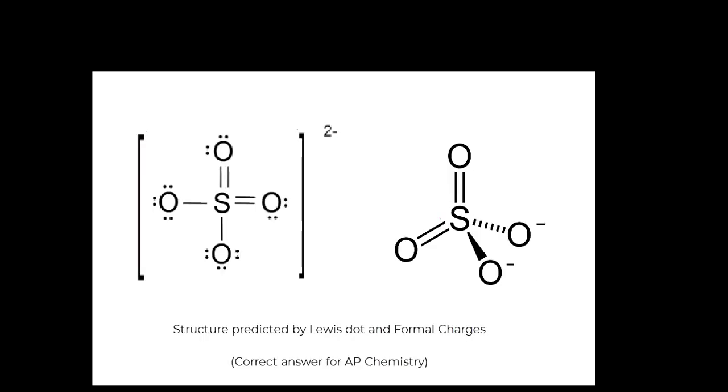In fact, this is the answer that's expected for an AP exam, and it's one that you'll find in most textbooks, where sulfur has 2 double bonds that resonate, and we end up having the nicest set of formal charges, and we explain our -2 charge.